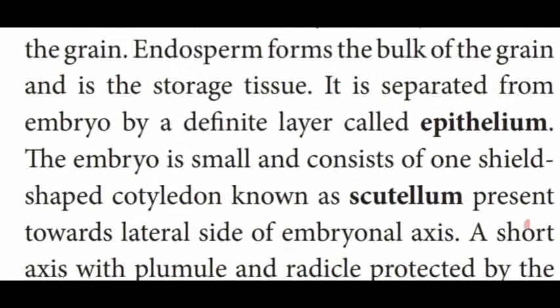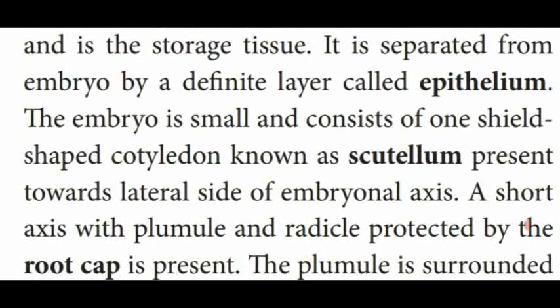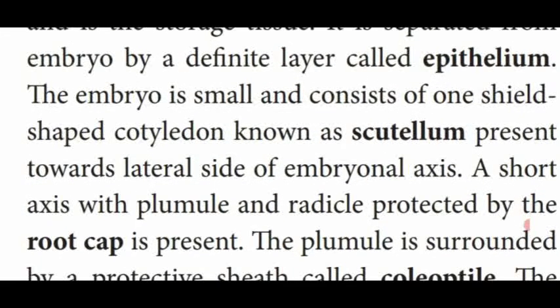This endosperm is separated from the embryo by a definite layer called the epithelium. The monocot embryo is very small and contains only one cotyledon. That cotyledon is named the scutellum. This scutellum is present on the lateral side of the embryonal axis.